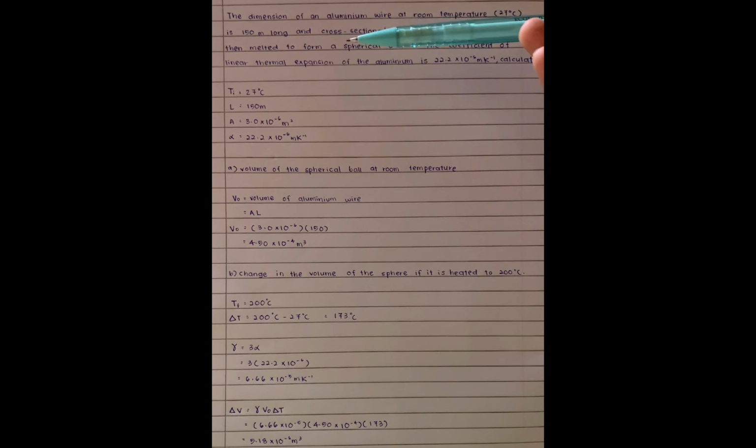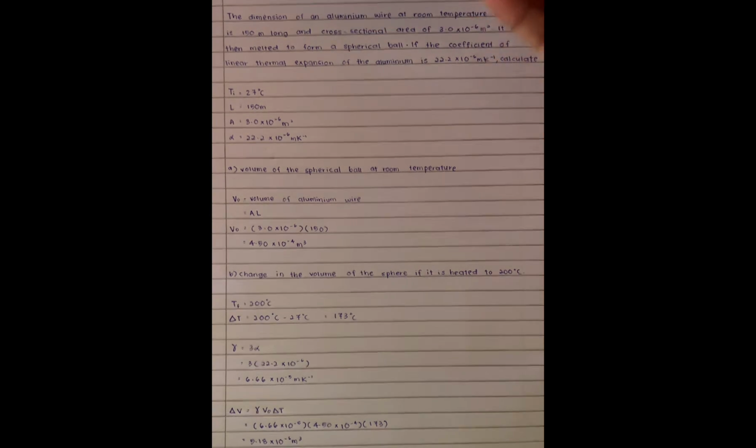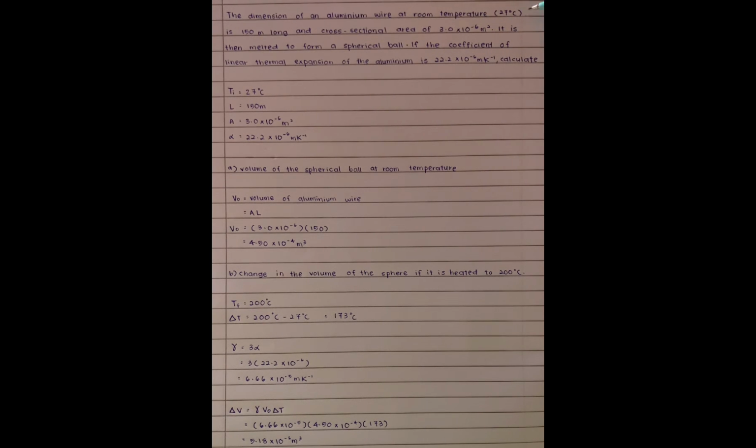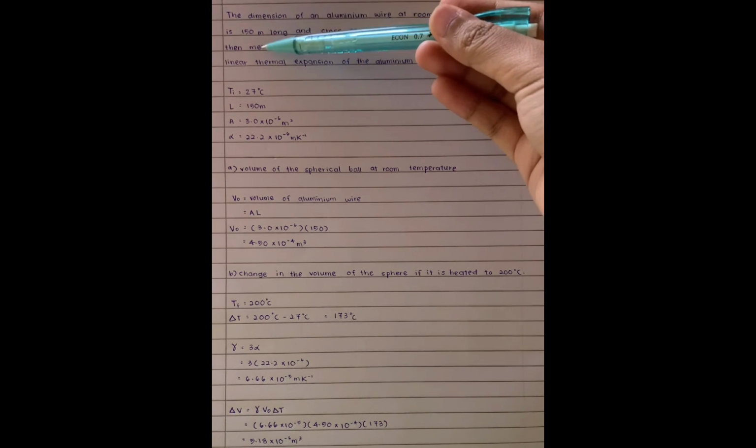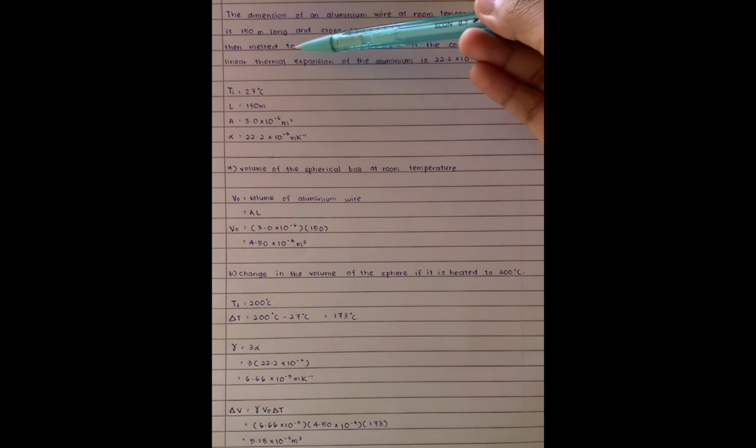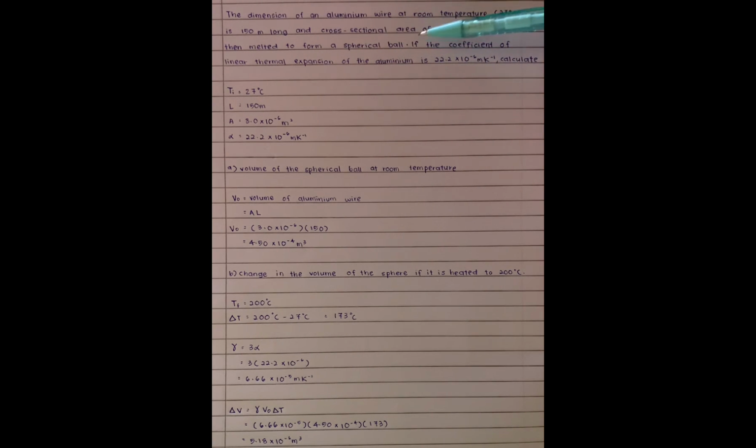Next is passing question for question 8. The dimension of an aluminium wire at room temperature, which is 27 Celsius, is 150 meter long and cross-sectional area of 3 multiplied by 10 to the power of -6 meters squared.